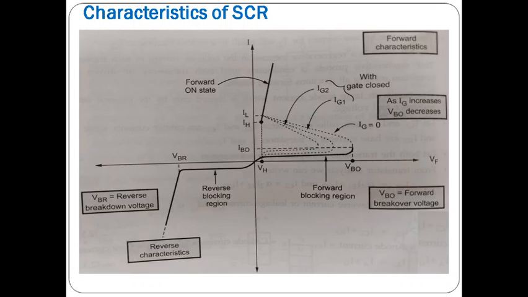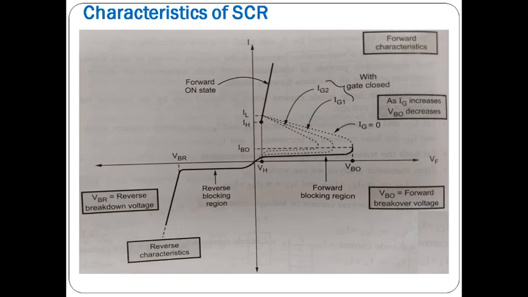So there is no current flowing through the gate terminal. In this case, when the forward bias voltage increases up to the breakover voltage, the SCR conducts heavily because of junction J2 breakdown. So current passes through junction J2. It is nothing but the SCR turning on.